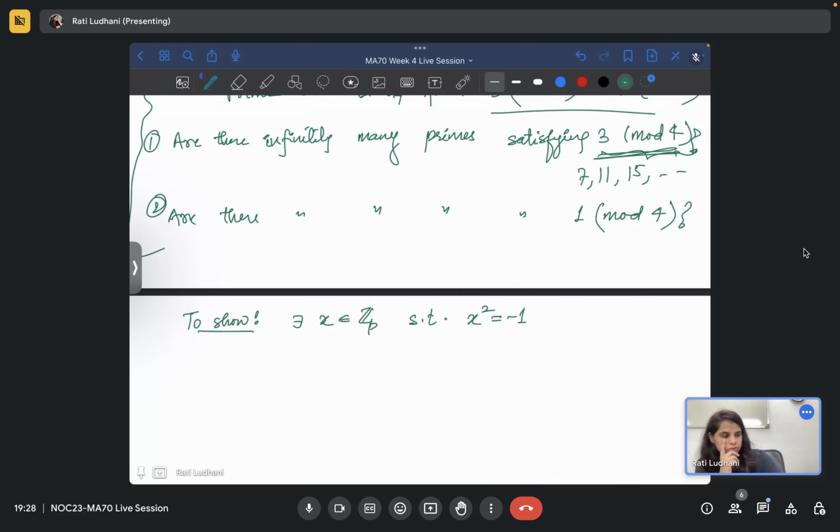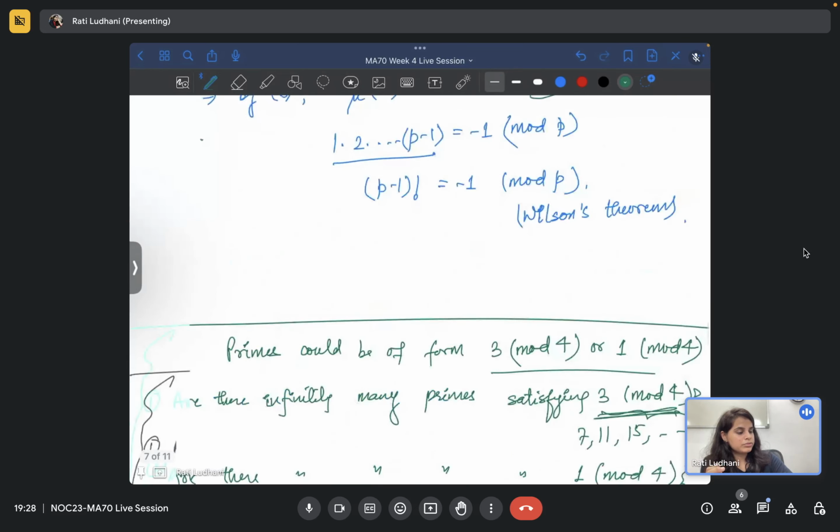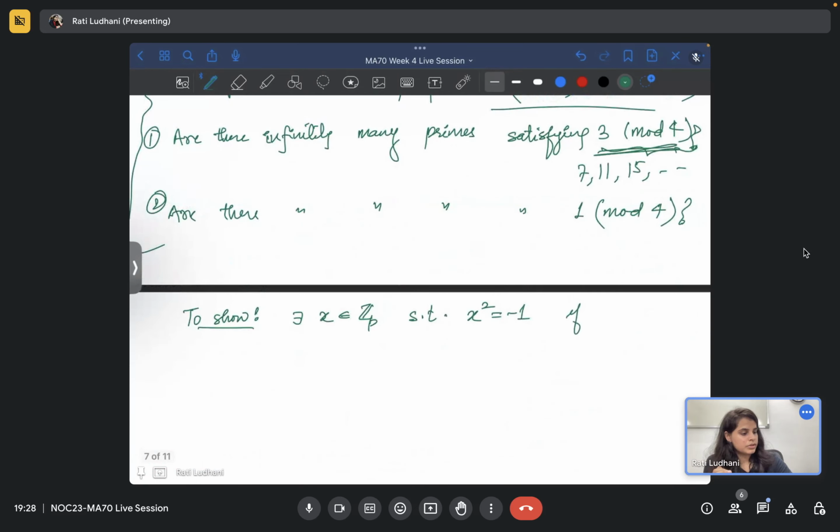So -1 is a quadratic residue if and only if p is 1 mod 4.